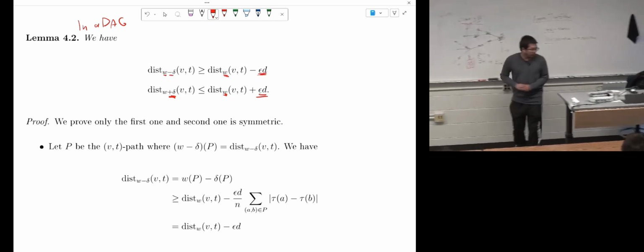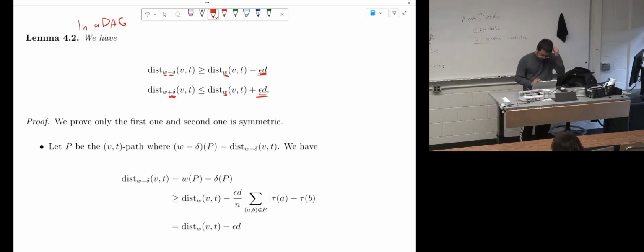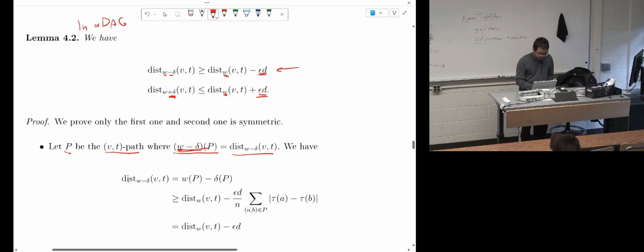Why is that? Let me show this first one. Look at any path from V to T such that this is the shortest path with respect to W minus delta. The length of this path is just the distance, so by definition this thing is this. And this is some path in W, so it is at least the distance in W. But what is delta of P?